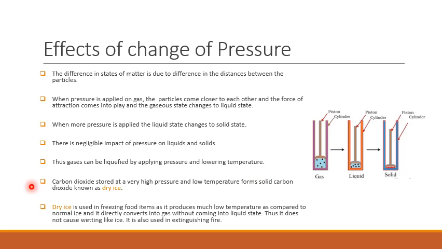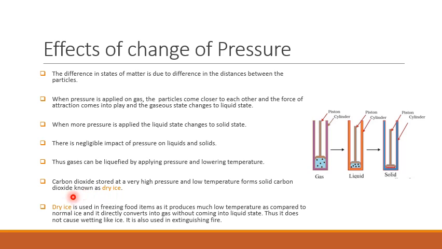Now, there is a special gas, that is the carbon dioxide, which when stored at very high pressure and low temperature gets solidified and forms solid carbon dioxide. This solid carbon dioxide is known as dry ice.